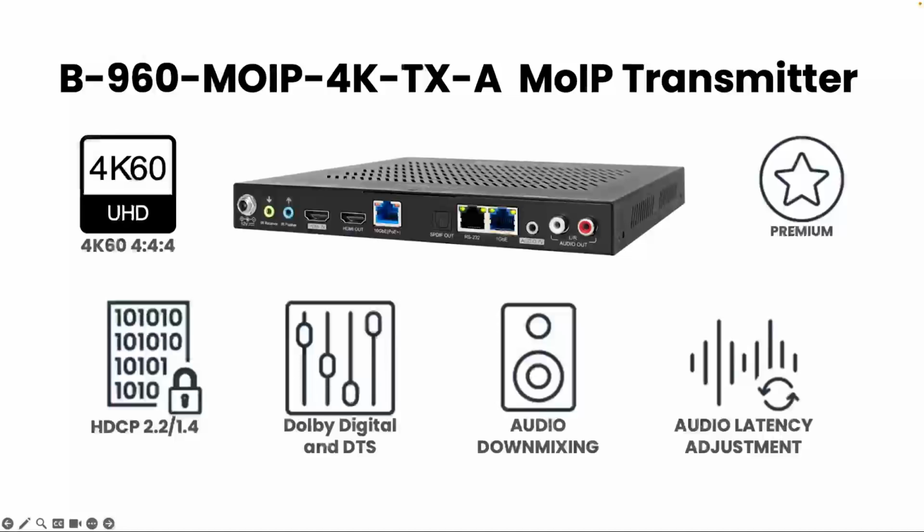Looking at our transmitter, our B960 transmitter features allow for complete audio flexibility and a premium audio experience for the end user through features of Dolby and DTS audio, down mixing technology, plus HDMI audio API control and lip sync adjustment.